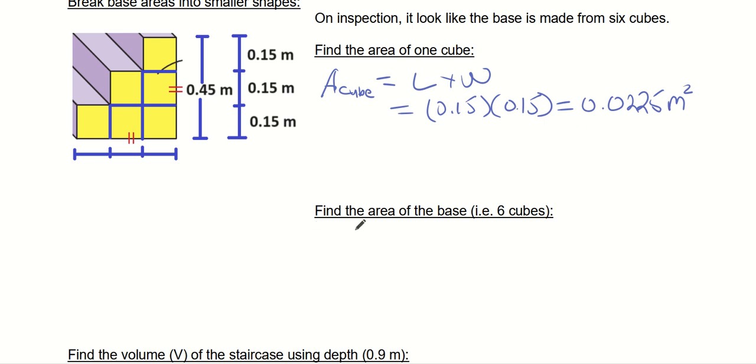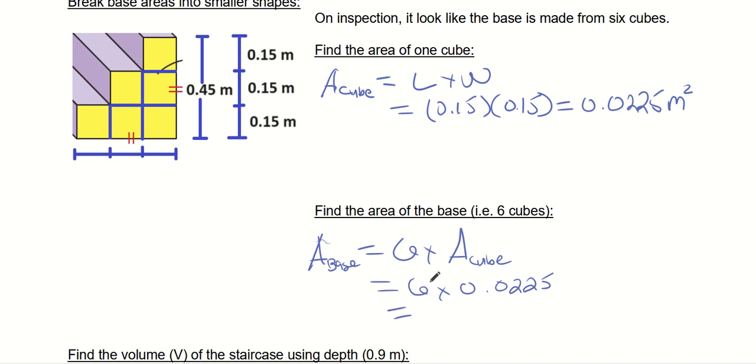For 6 cubes, I'm going to write down the area of the base equals 6 times the area of 1 cube, which is 6 times 0.0225, which gives you the value of 0.135 meters squared, because area is always in some sort of unit squared.